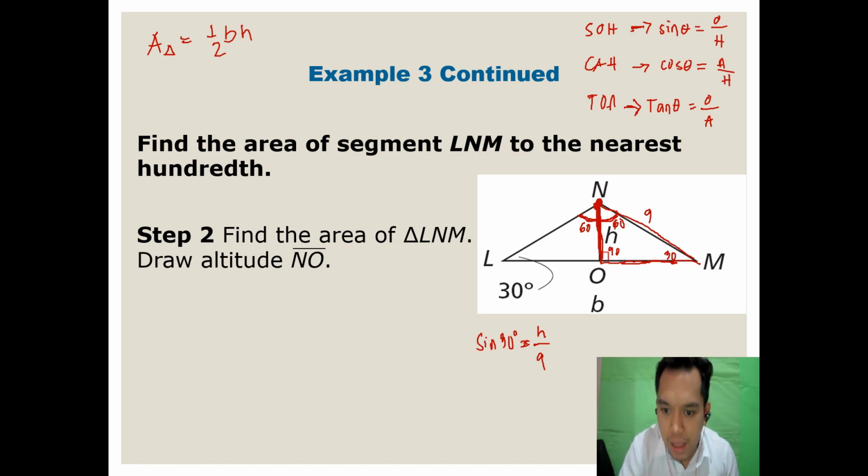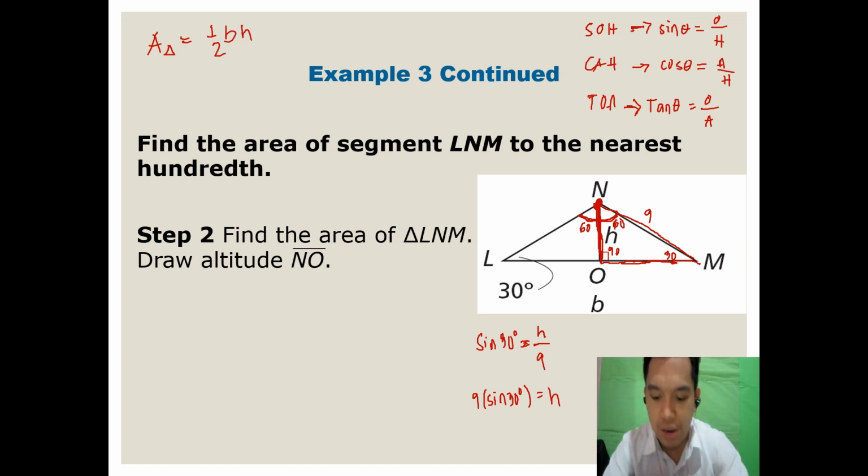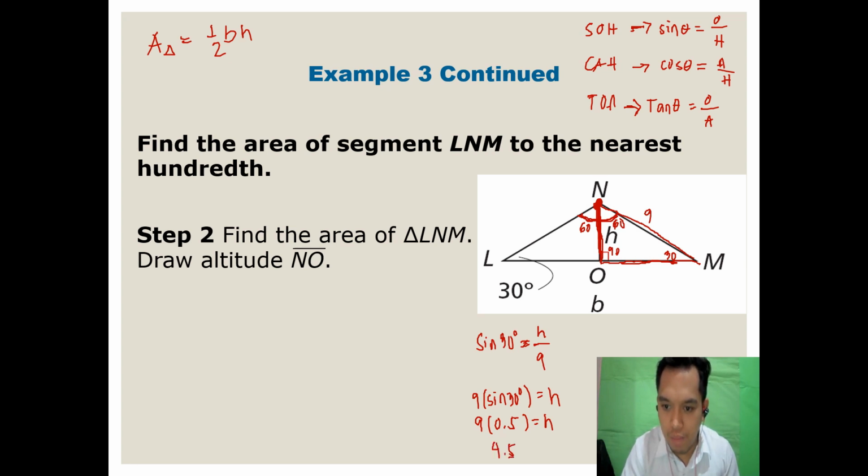So that will become 9 times sine 30 degrees equals h. Sine of 30 degrees is equal to 1/2 or 0.5. So 9 times 0.5 equals h. So 9 times 0.5 is 4.5. So 4.5 ang measure nitong ating height.